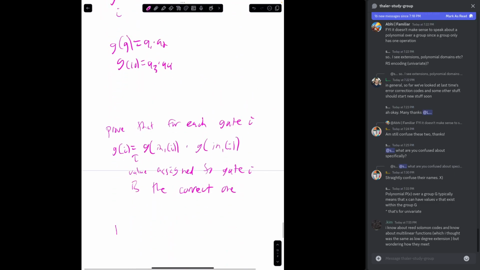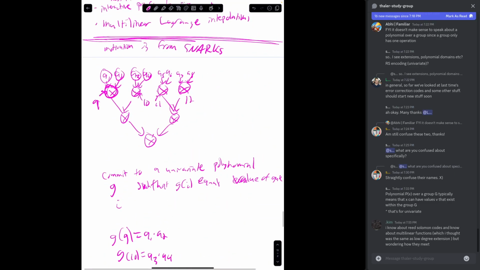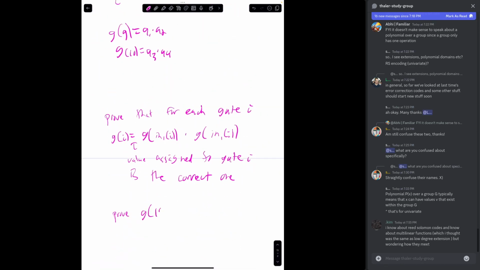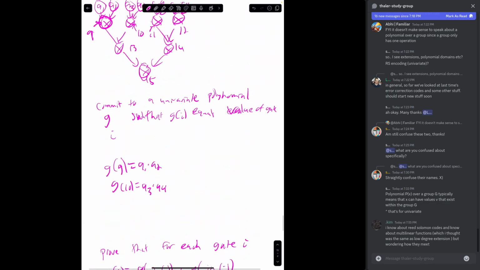And then finally, he proves that the output, gate 15, is whatever he claims. So G of 15 is the claimed value: the value assigned to the output is the claimed output.